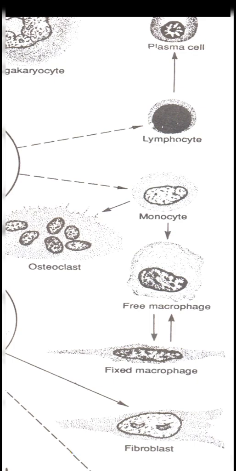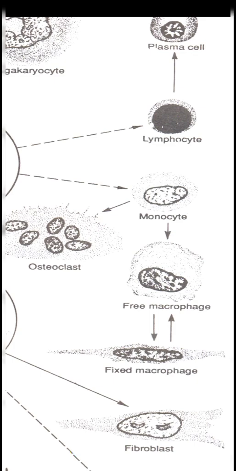There are also some fixed macrophages that are present in different structures. We'll discuss it further down the slide. So macrophages may be fixed, limited to a particular structure, such as histiocyte that is found in lungs, I think. Kupffer cells are macrophages which are fixed to the liver.